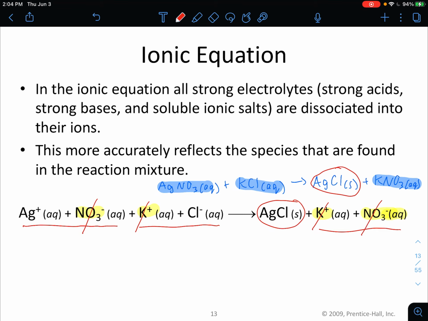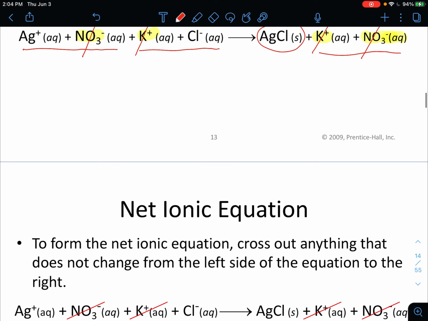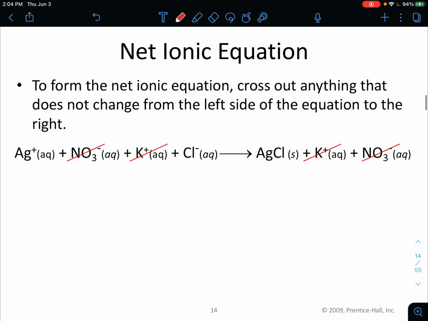So that was the ionic equation. When I cancel out like terms, that gets me to the net ionic equation. So once we do that, then we have the simplified version of the equation that tells us what really matters. So what really matters? Silver plus cation finds chloride minus anion. They react in a precipitation reaction to form silver chloride solid.